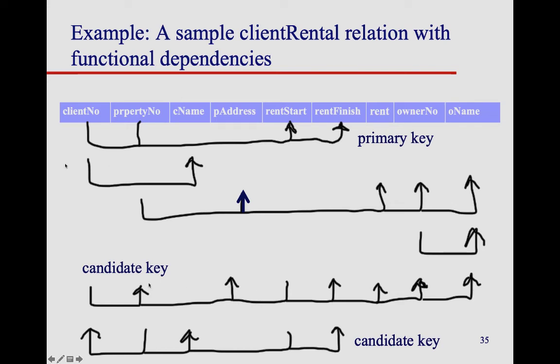So if this is my key that I use as the primary key, what dependencies will I use to go to second normal form? Remember, to go to second normal form, it's going to be a dependency whose left-hand side attributes are a subset of the primary key.